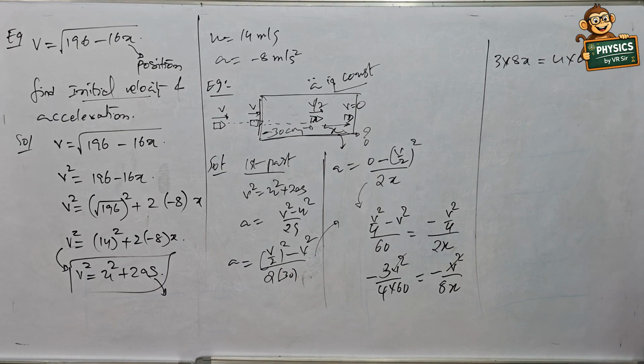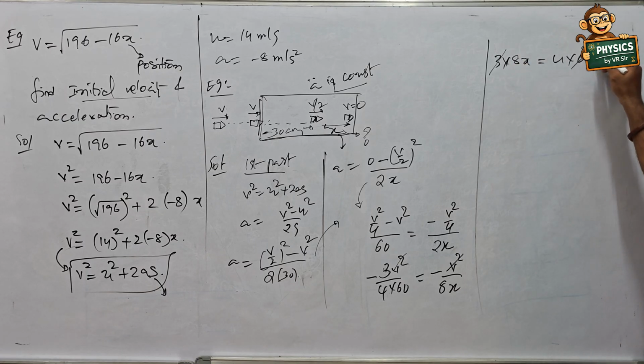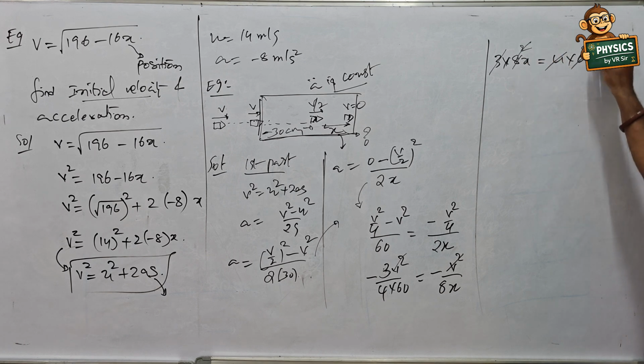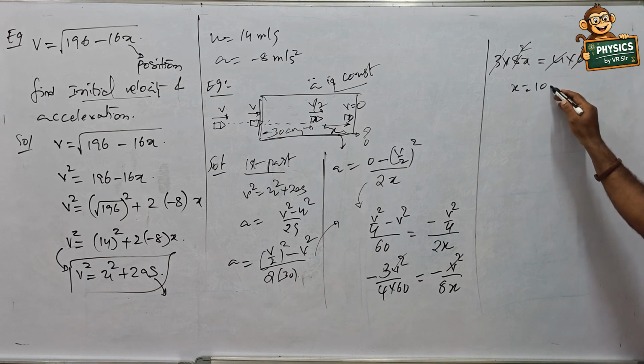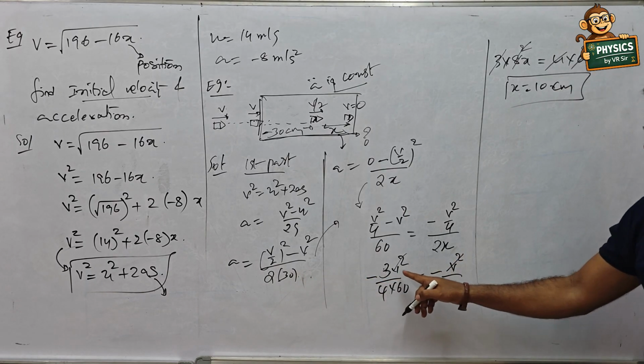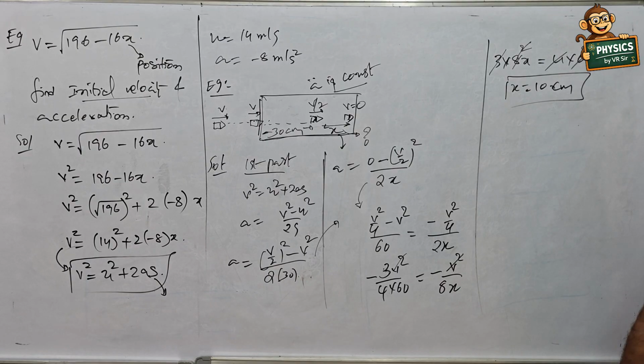So x is equivalent to 10 centimeters. The 30 centimeters is carried over in the 60, so the unit is centimeters. So x is 10 centimeters.